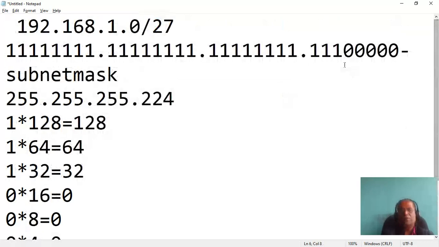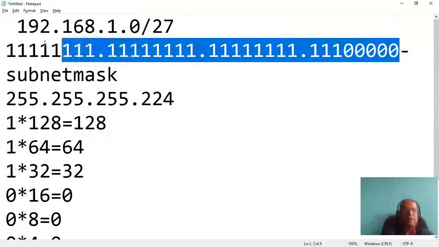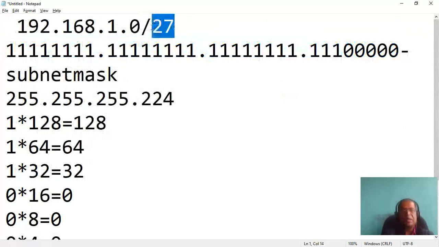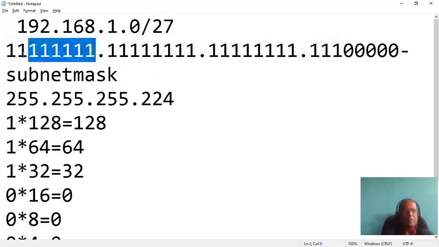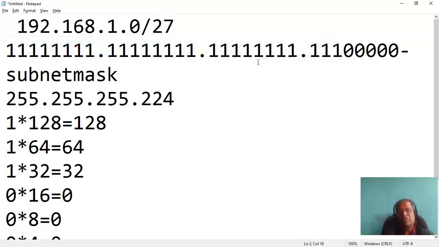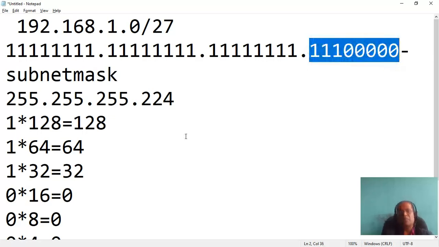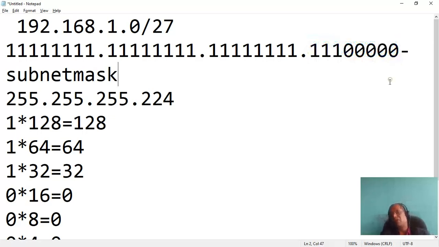So this is the representation of this CIDR. 27 ones are represented starting from the left side. You know that the first octet is 255, the second is 255, the third is 255, and the difference is in the fourth one because it has five zeros. Starting from the rightmost digit, it is 0 times 2 to the power 0, 0 times 2 to the power 1, the third is 0 times 2 to the power 2, and that way it goes on.